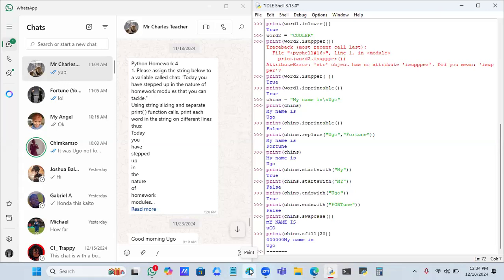Okay, 1, 2, 3. Okay, there are 6. So that means that new line took one space. So it actually took a space. So yes, everything is complete now. So you can put this down as your example, okay?